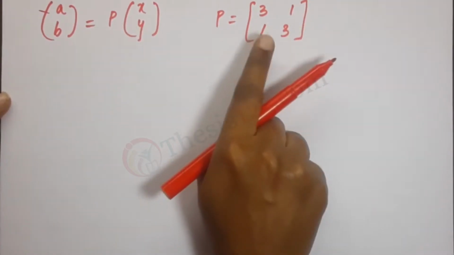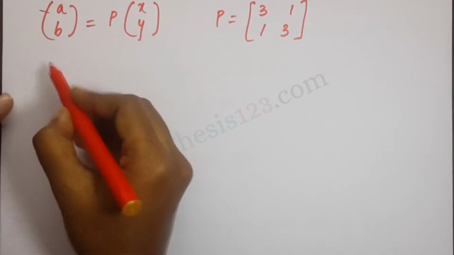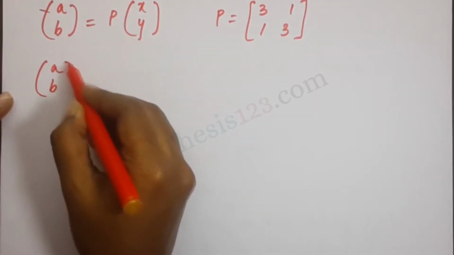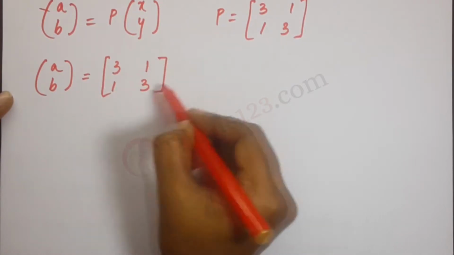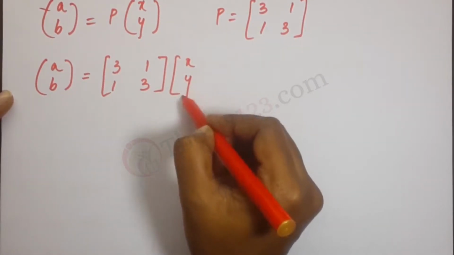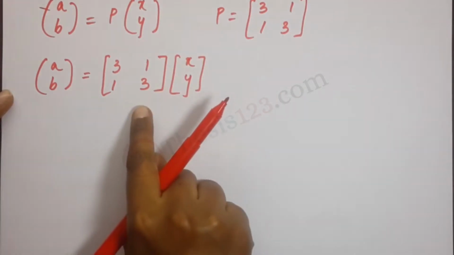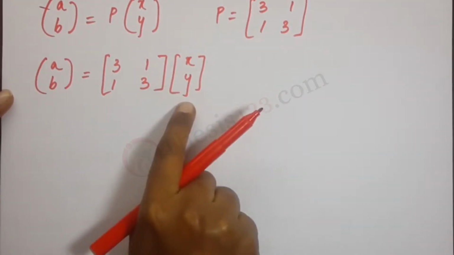So the first thing we do is plug this into the expression here: (a, b) is equal to [3, 1; 1, 3] into (x, y).